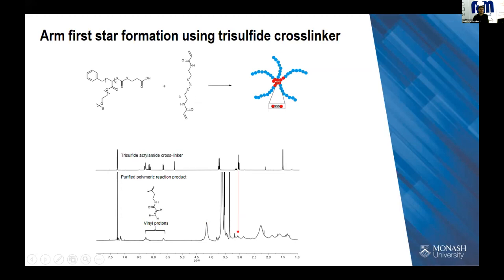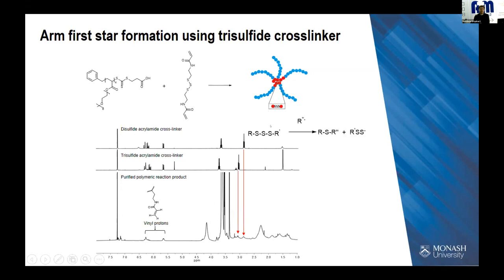This is further confirmed by signal in the trisulfide region here. So we've had some incorporation of trisulfide in our product. What was interesting, however, was that we also saw some disulfide signal, even though we didn't include any disulfide in our initial reaction. So this was a bit surprising.